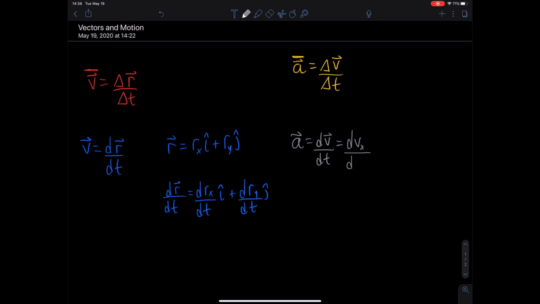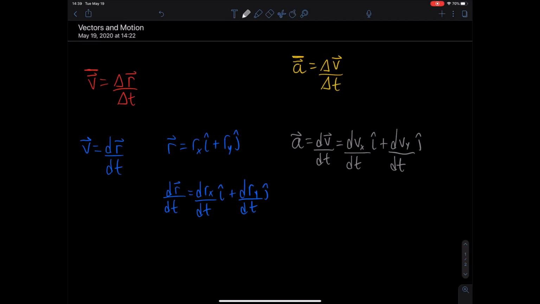So it's the derivative of the horizontal component in the horizontal direction plus the derivative of the vertical component. This is Vy, velocity in the vertical direction, with respect to t, times our vertical unit vector j hat. And again, unit just means magnitude 1. All right, so these are our vector analogs of those familiar equations from one dimension.